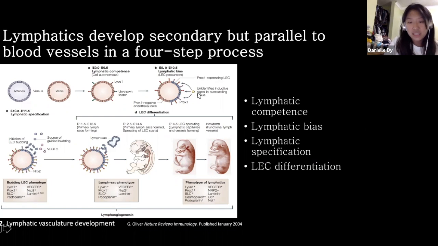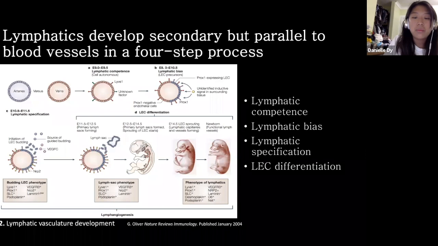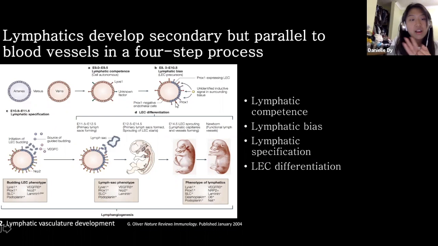So in that second step, preceding the expression of LYVE1, there's this induction of the expression of another factor called PROX1, which stands for Prospero-related homeobox 1. But essentially, it's this other growth factor that is expressed in polarity, and therefore you actually see the budding of the lymphatic vessels occurring on one side as a result of the expression of PROX1.